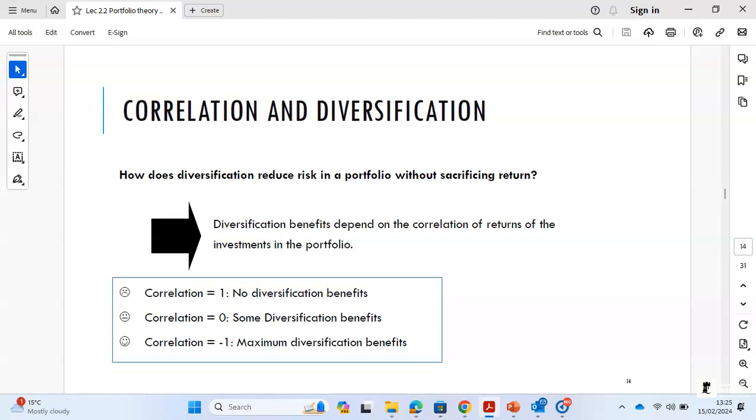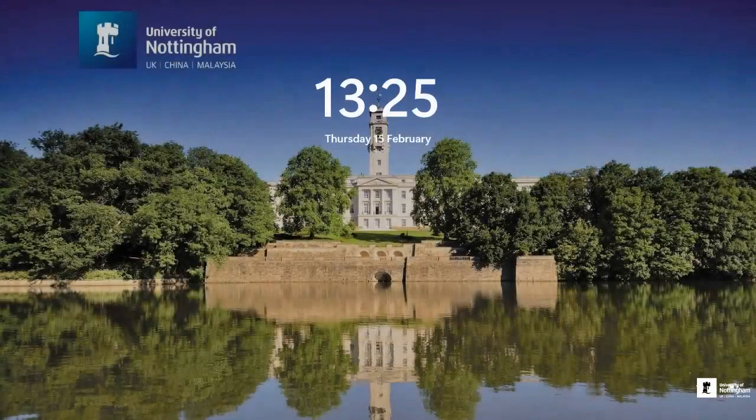Can you find assets that are perfectly negatively correlated in the real world? It's extremely unlikely, right? So in the real world, it's hard to find assets that are perfectly negatively correlated.